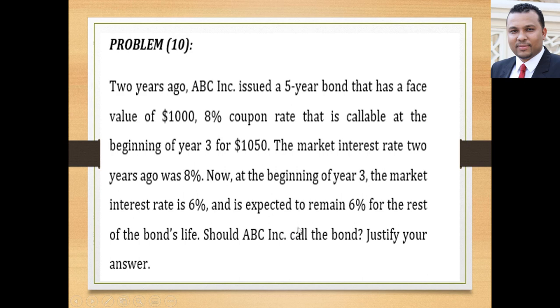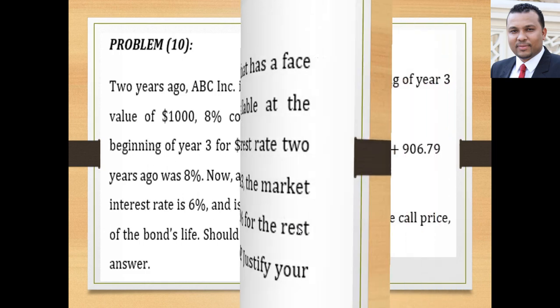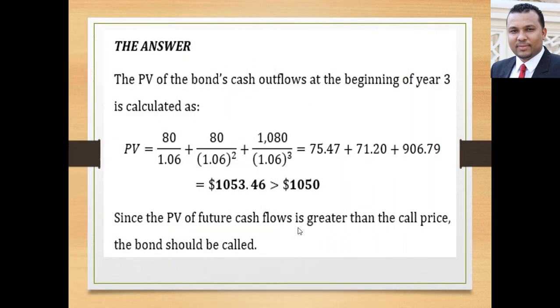Now, we need to calculate the present value. We start from year 3. The lifetime for this bond is 5 years, with 2 years protected.